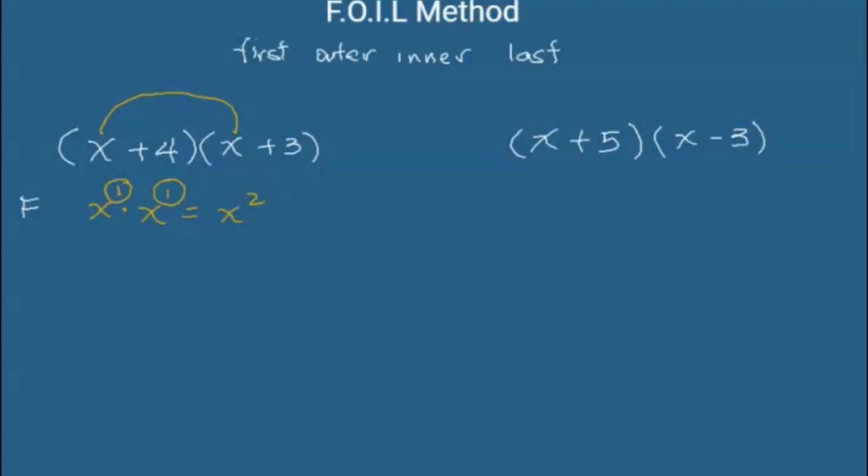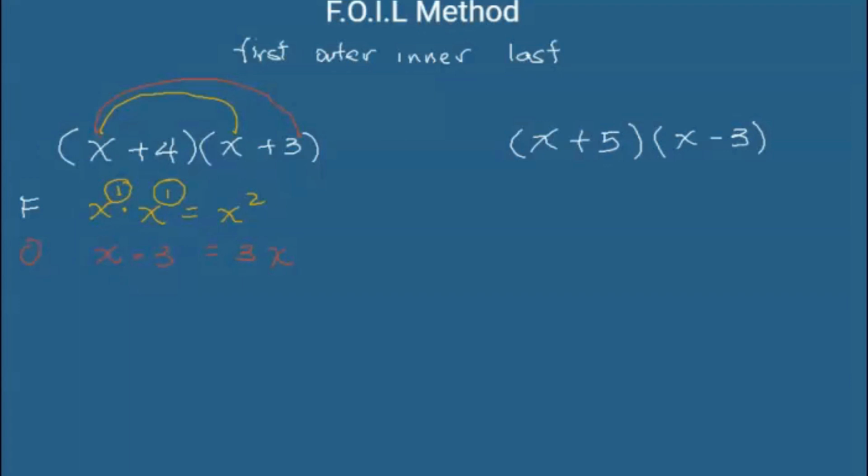Now let's do the outer terms. When we say outer terms, that means this x, which is the outside term, or the extreme term of the binomial, and 3. So the outer terms will be x times 3, that's 3x.